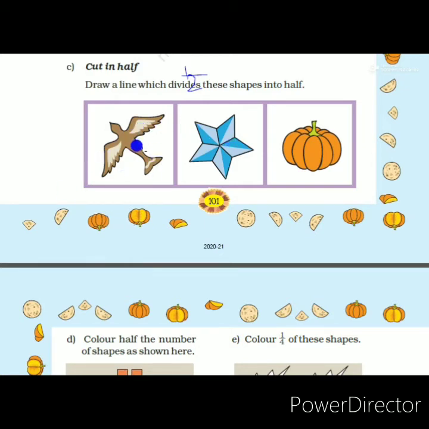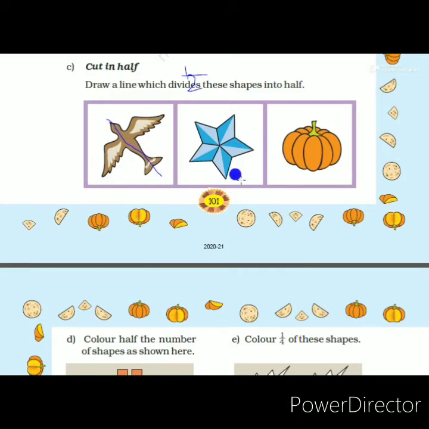We have to draw a line from its head to tail. That means one side one wing and the other side the other wing. If we draw a line from top to bottom, from head to tail, we will get equal halves of this bird. So you have to draw a line from the middle of this bird, and we will get half of this picture.